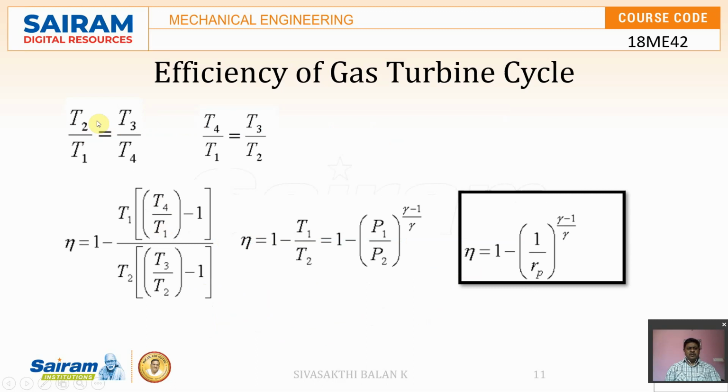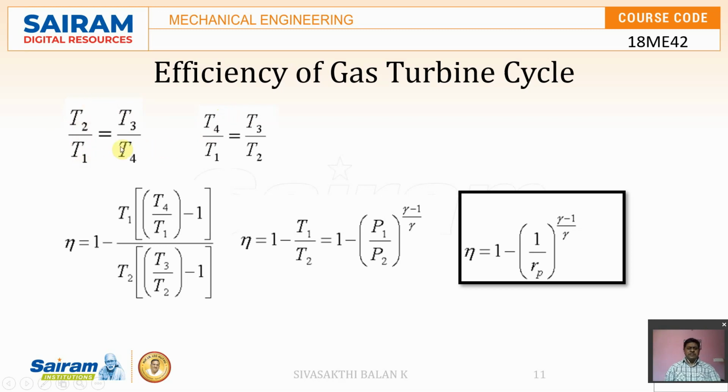And we also know that the temperature rise in the compressor, T2 by T1, is equal to the temperature drop in the expansion device, the turbine, because both are 100% efficient and it is an ideal process, where heat loss or temperature loss will be 0.